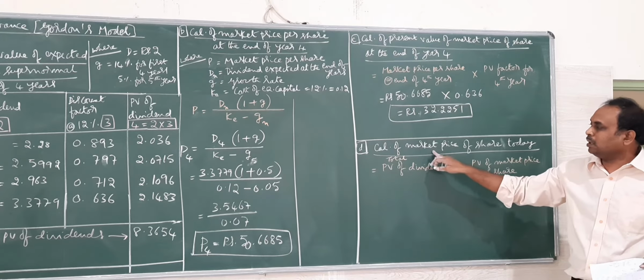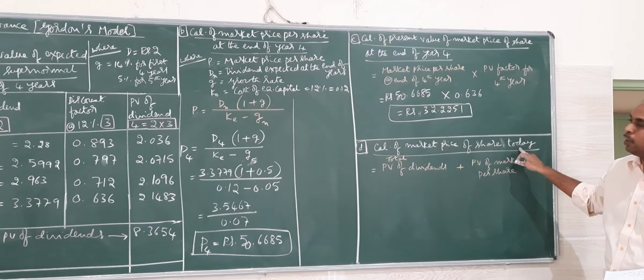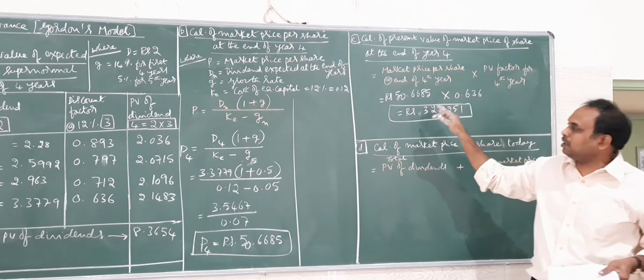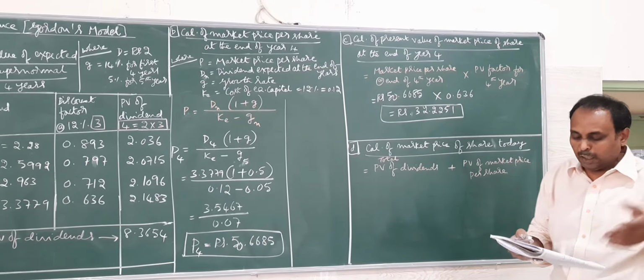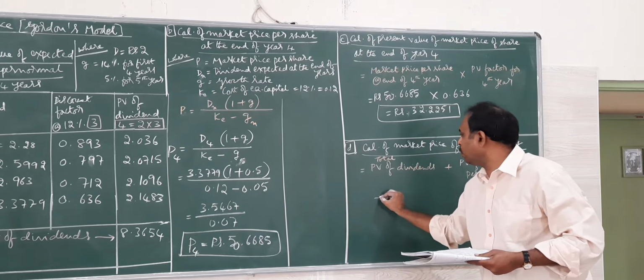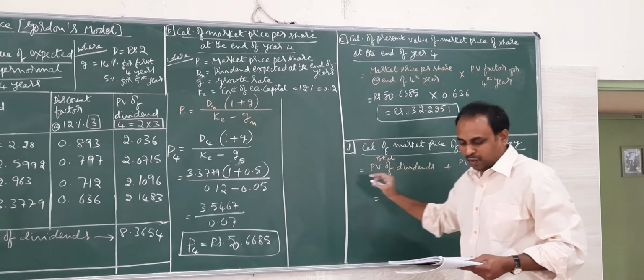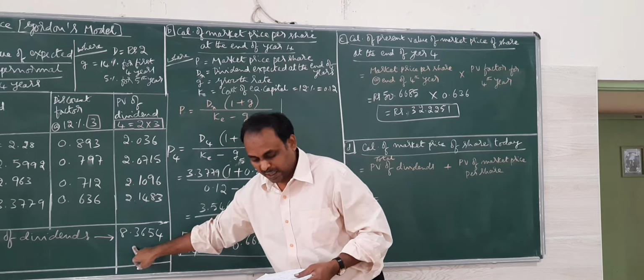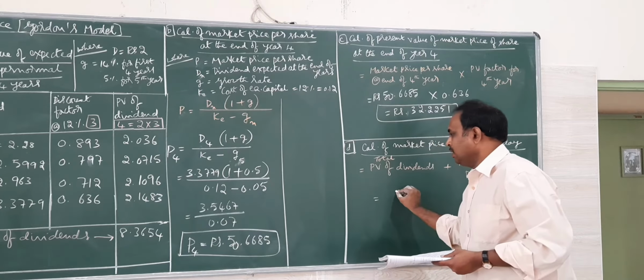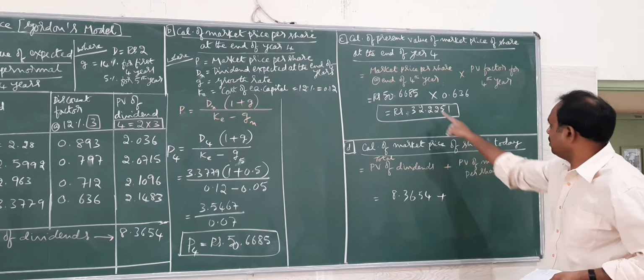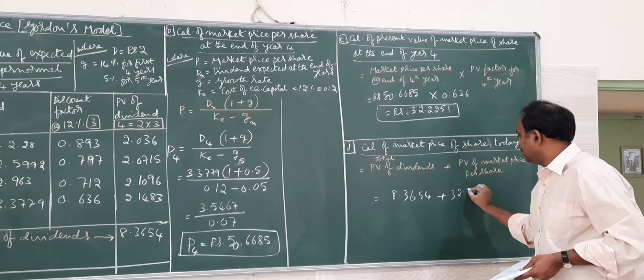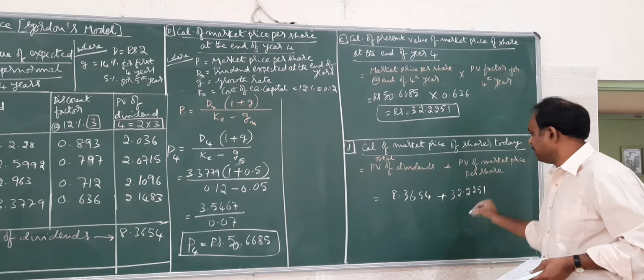Then the last one, calculation of the market price of the share today. The share value will consider the market value per share plus dividend, both added to the value of the share. So I will add both. Total PV of dividends, what I have here, 8.3654, plus the PV of the market price per share.